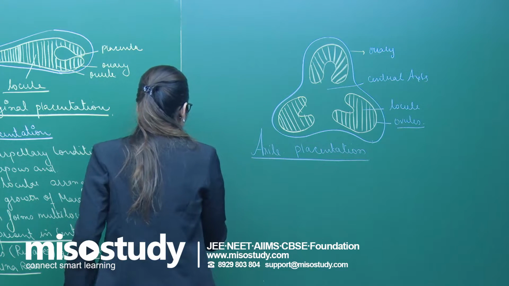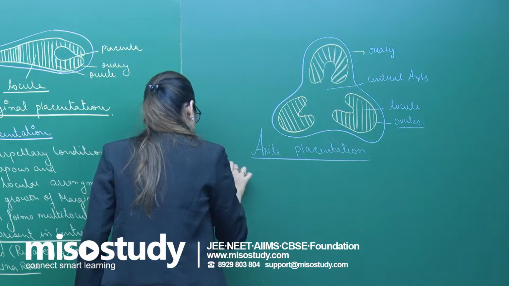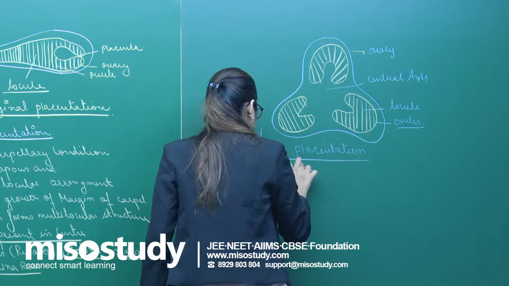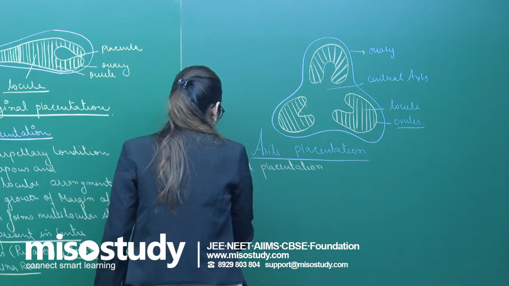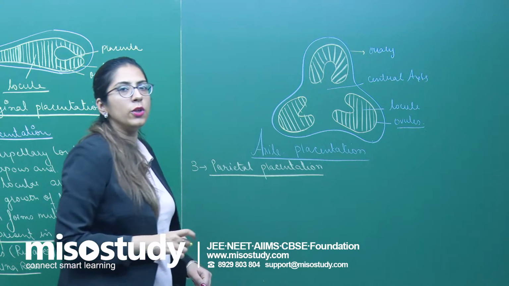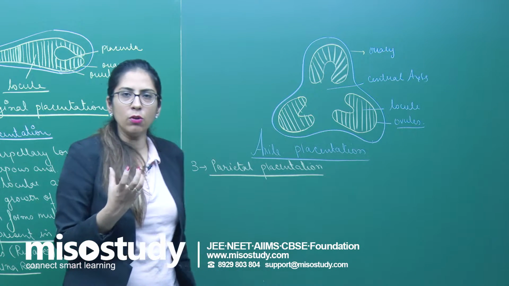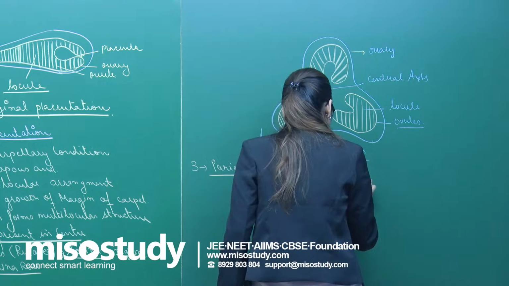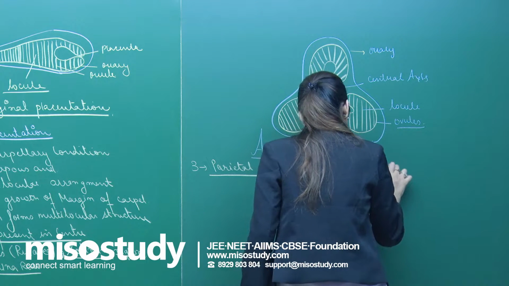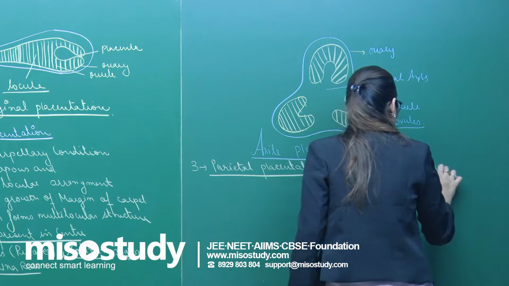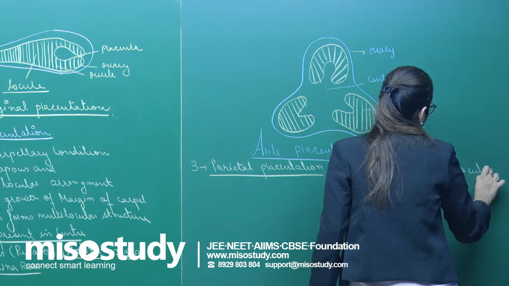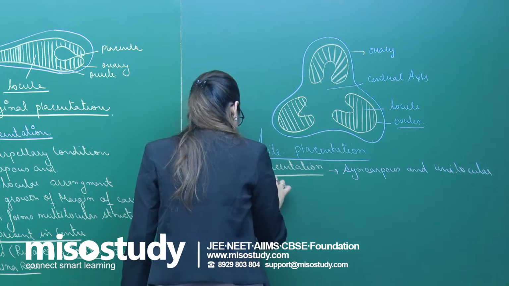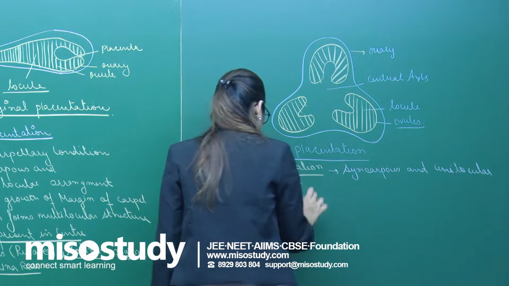Now let's discuss the third one, which we call parietal placentation. In this case, the unilocular ovary is seen, only one locule is present and the syncarpous ovary is there. So, syncarpous and unilocular ovary present, right?